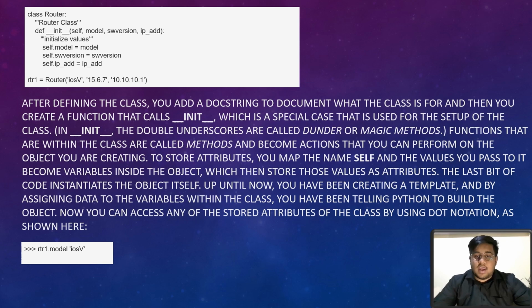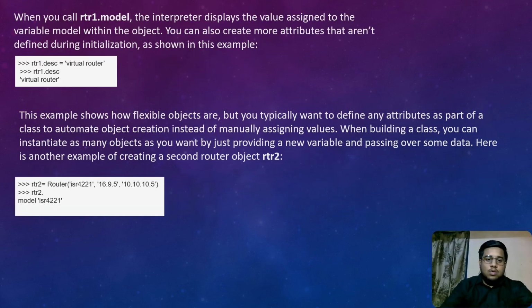Now you can access any of the stored attributes of the class by using dot notation as shown here. When you call rtr1.model, the interpreter displays the value assigned to the variable model within the object.